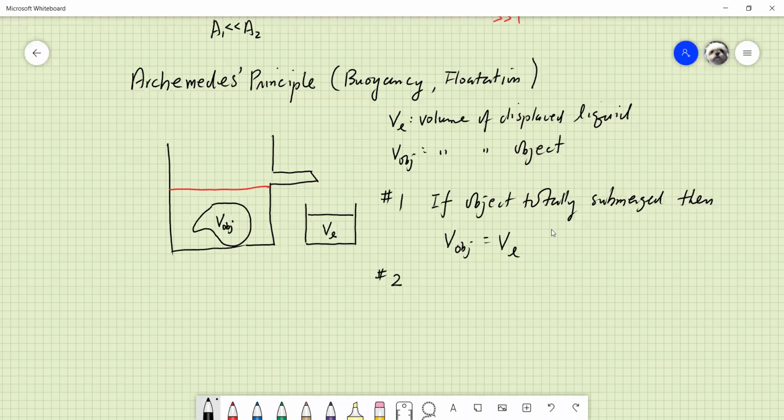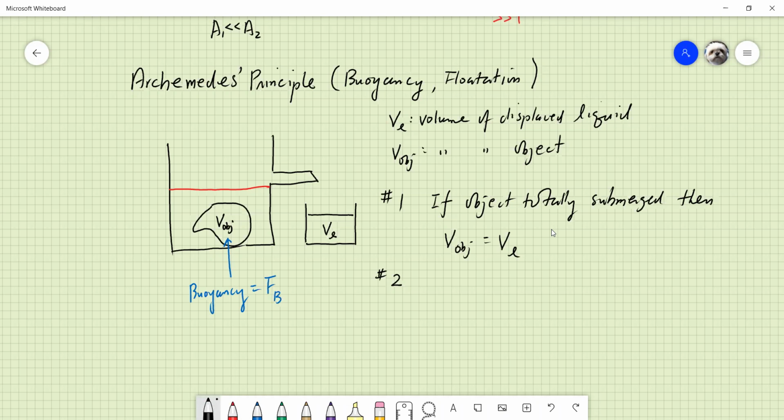Now, the next important thing is, no matter whether my object sinks or floats, we always have an upward force. We call it the buoyancy force. Let's call it FB.